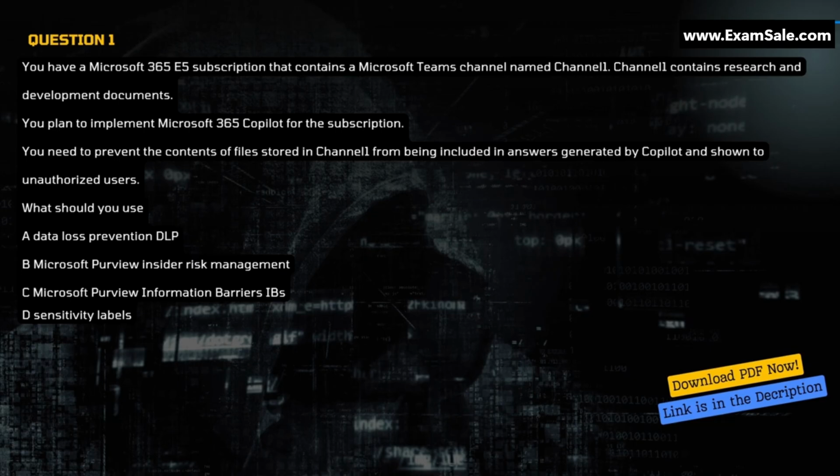You need to prevent the contents of files stored in Channel 1 from being included in answers generated by Copilot and shown to unauthorized users. What should you use? A. Data Loss Prevention, DLP. B. Microsoft Purview Insider Risk Management. C. Microsoft Purview Information Barriers, IBs. D. Sensitivity Labels. Correct answer is D.